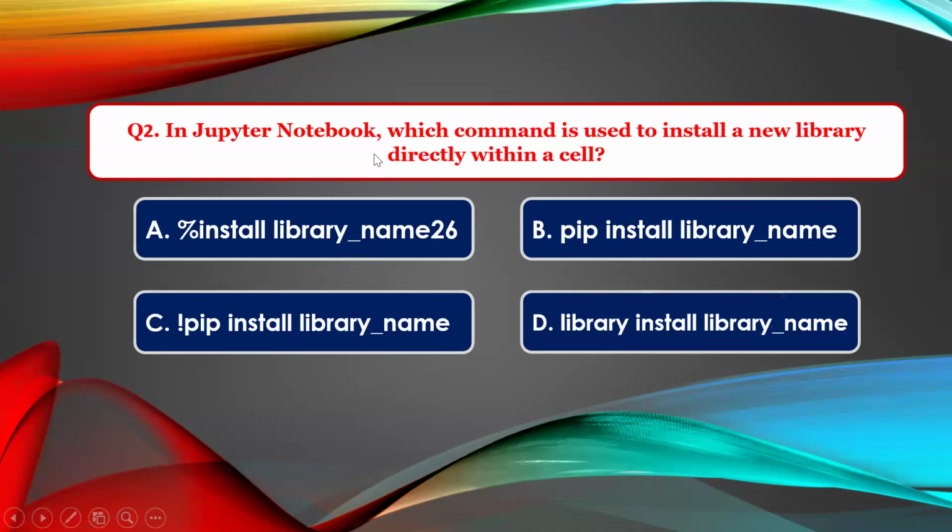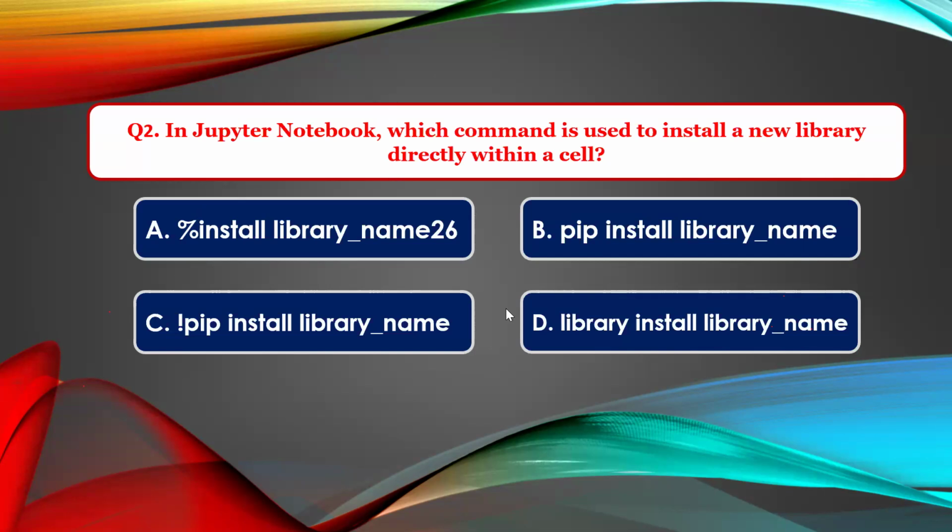In Jupyter Notebook, which command is used to install a library directly within a cell? Usually we go to the command prompt and install it, or you can directly go to the Jupyter Notebook. For those who don't know, Jupyter Notebook is an editor, an IDE.